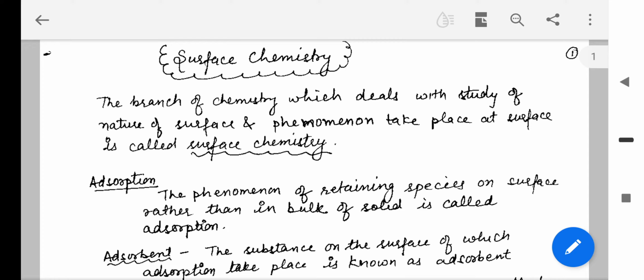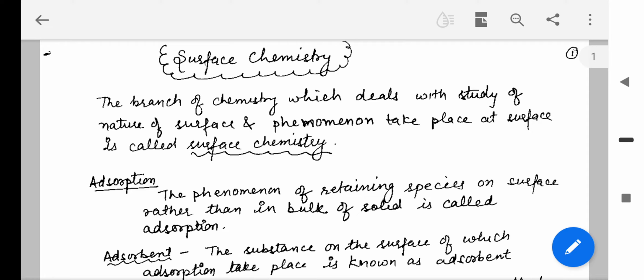The definition you need to now correlate with your daily life. There are so many processes which take place in which surface chemistry is involved. Nowadays all people are using masks, N95 masks we say. It helps to protect you against the dust and the microbes, because in between the layers of the mask charcoal powder is there.